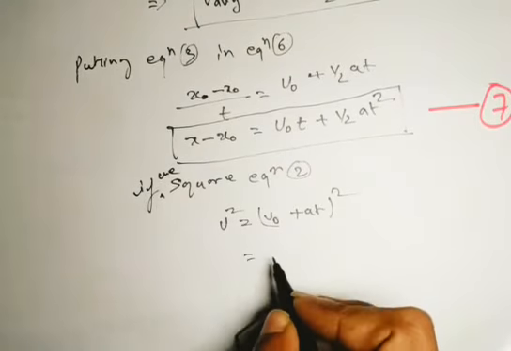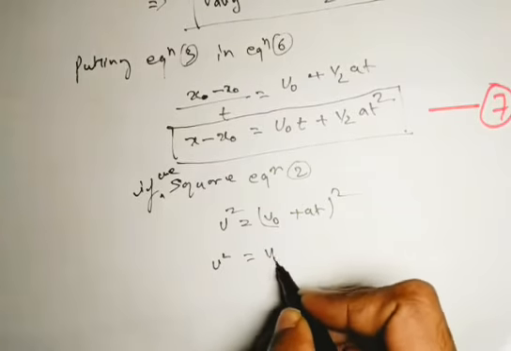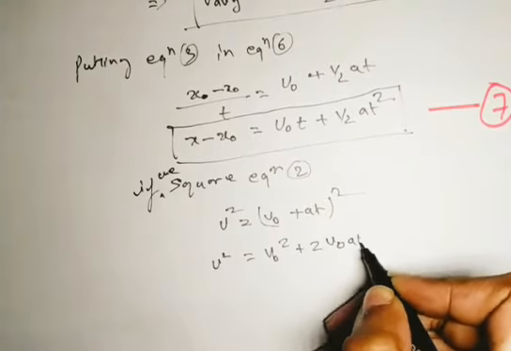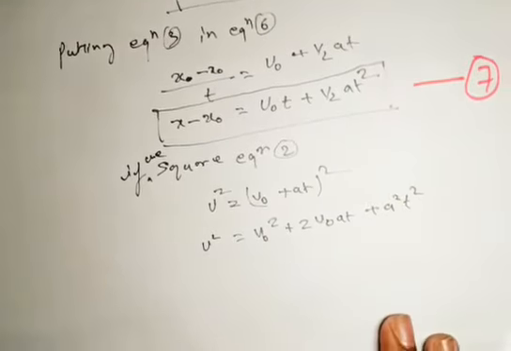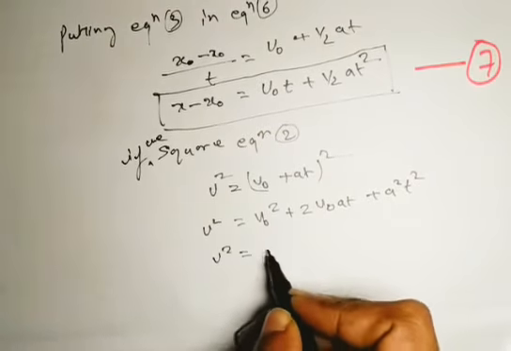Then v square is equal to v naught square plus 2 v naught at plus a square t square.